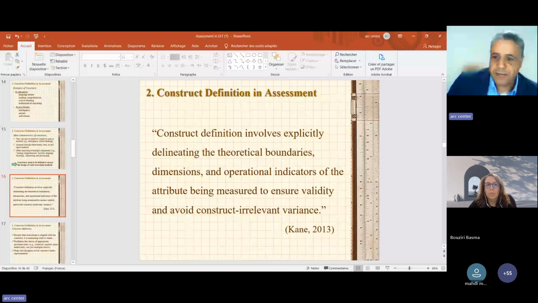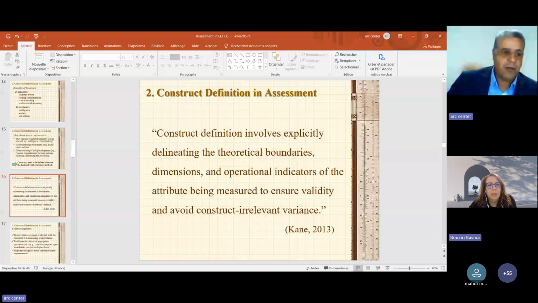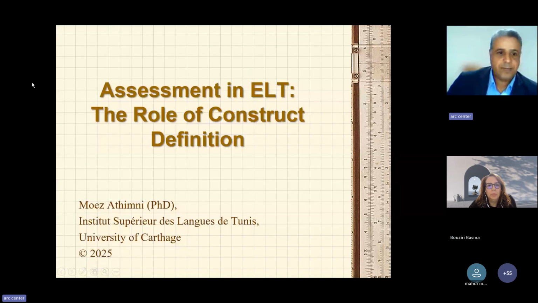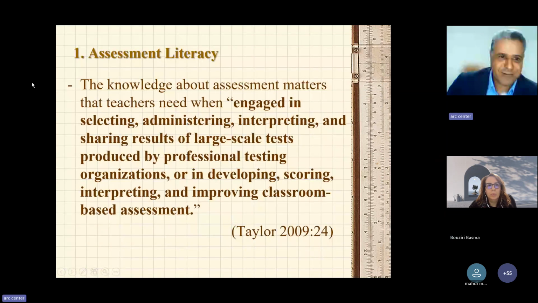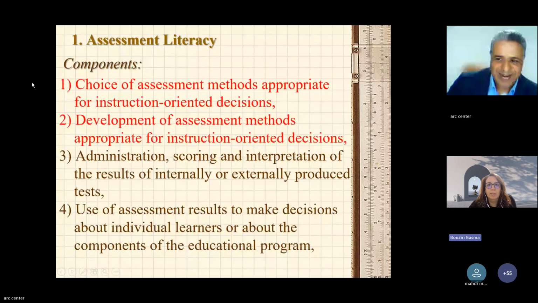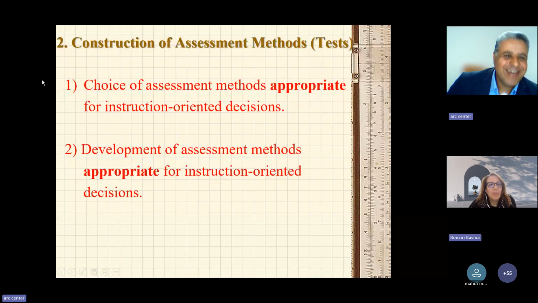Can you hear me? Yes, now we can hear you. I think you were disconnected for a few minutes. A few seconds, sorry. Right, to the beginning, I start all over again. It's not a good idea.